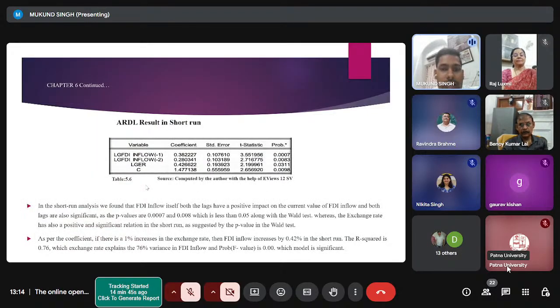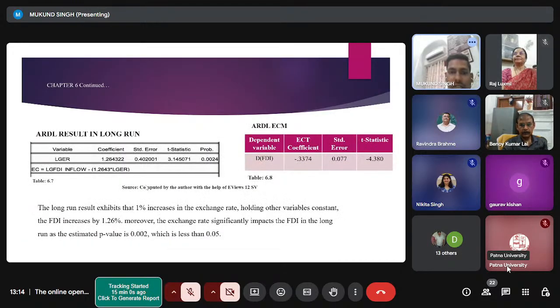Through the ARDL model, the short-term analysis shows that with a 1% change in exchange rate, FDI inflow increases by 0.2% in the short run, and the calculated p-value suggested that this relationship is significant. In the long run, if there is a 1% change in exchange rate holding other variables constant, FDI increases by 1.26%, and the calculated p-value suggested this relationship is statistically significant.